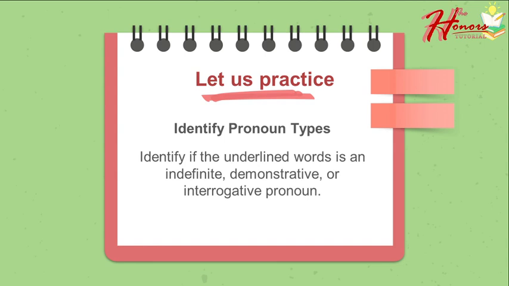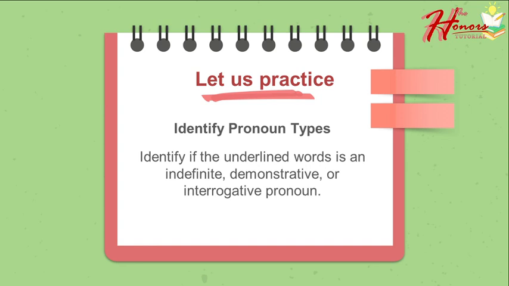The second one is the demonstrative pronoun. It is the pronoun used to point to specific people or things. And the last one is the interrogative pronouns. These are the pronouns used in asking questions. Now I think you are ready to answer this activity.